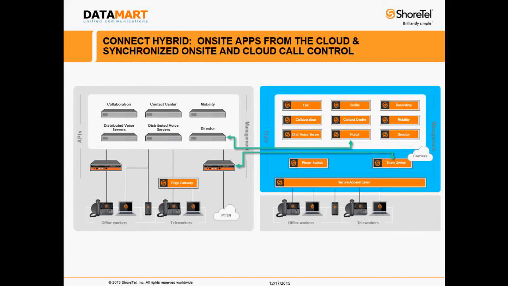So you may have an on-site system with some applications coming from the cloud, or you may have a mixture of an on-site and a cloud system with directory synchronization and calling between the two systems. So we're going to go into the initial offering of hybrid and what's available, and there's going to be more coming as we go into 2016.